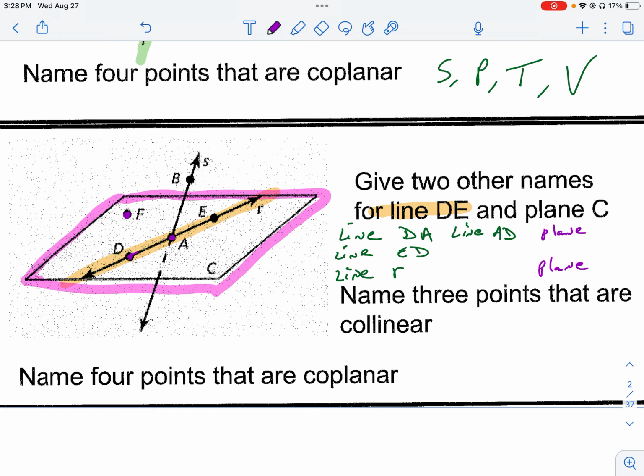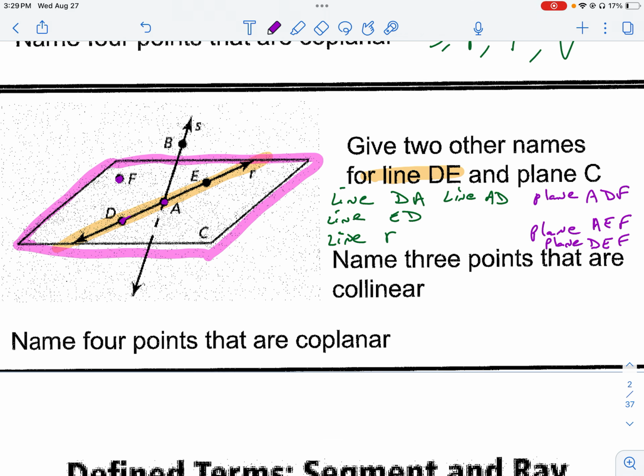So it could be plane ADF, or it could be plane AEF, or we could name it plane DEF. All would work, and those letters can pretty much be in any order. I personally prefer to have them in alphabetical order because that's my sense of order.